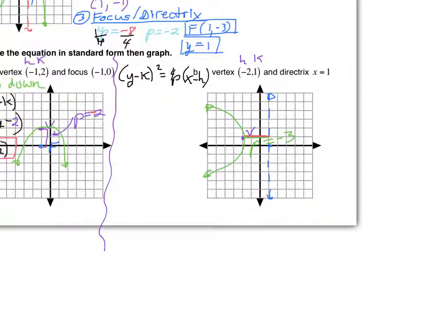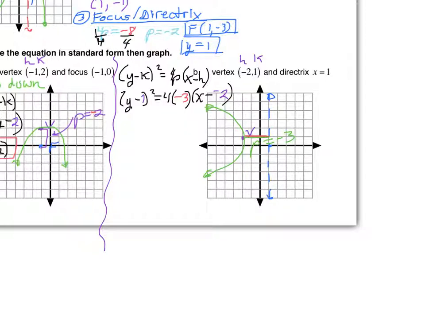So now we have our h, our k, and our p, and we can just plug and chug. So I have y minus my k, which is 1, squared equals 4 times my p, which is negative 3, times x minus my h, which is negative 2.